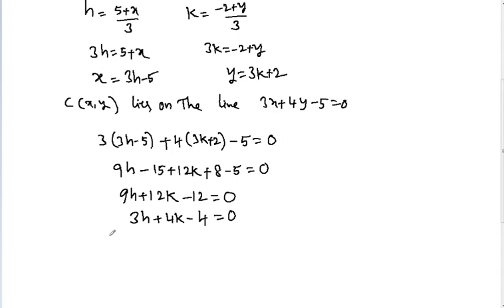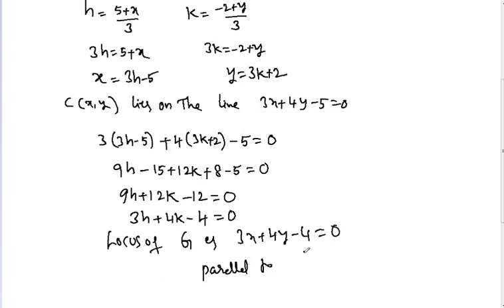So that line is parallel to, that is, the locus of G is 3x plus 4y minus 4 is equal to 0. This locus is parallel to the given line L is equal to 0.